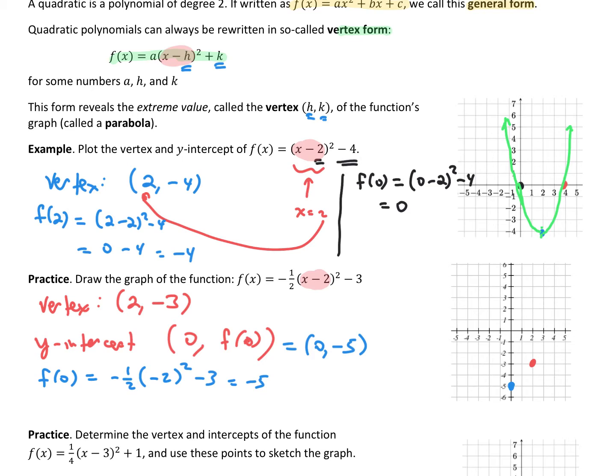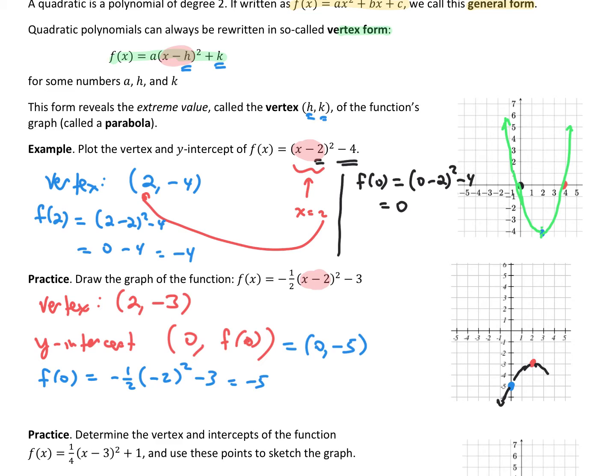All right, so I filled in this material, the information that's the same as the previous one. My vertex is at 2, minus 3, that's the red point, and my y-intercept is 0, minus 5, which is the blue point. And so we have this odd behavior where the turning point is actually up above the other point. And so that's telling us that this parabola is going to go up and then turn over to come back down.